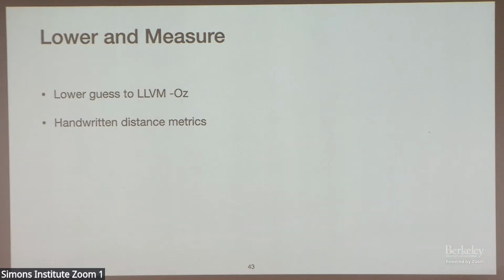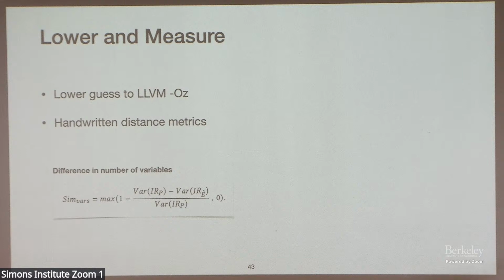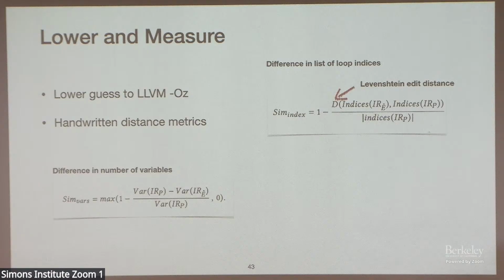What we have done in this instance is we have handwritten some syntactic distance metrics, which is not very exciting. And one of the things we want to look at in the future is, can you train a model to be these distance metrics? But we're looking at very, very simple metrics. So the difference in the number of variables in the two LLVM programs. We can extract the loop indices from these programs, which we can do with polyhedral loop analysis.